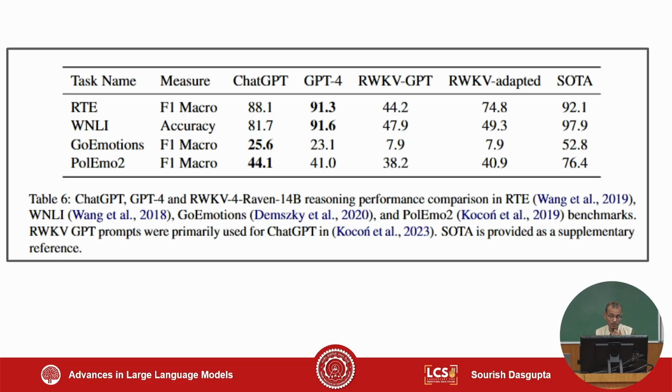But if you look at Rakov adapted, it pretty much starts coming closer to at least ChatGPT, if not GPT-4, for RTE at least. So clearly, it's not like Rakov 4 as of now. I mean, right now the current Rakov version is Rakov 7.